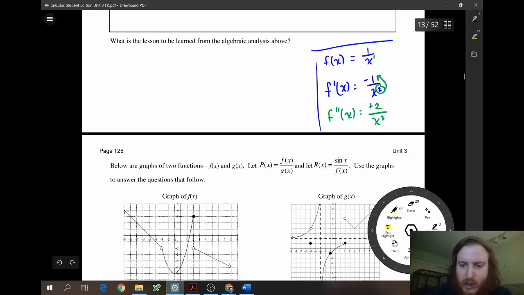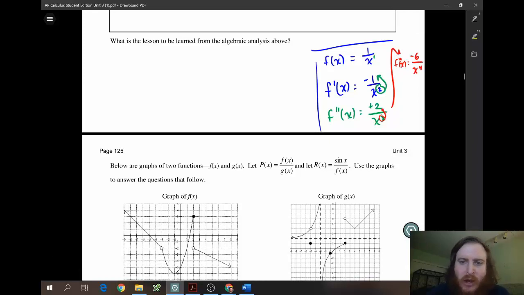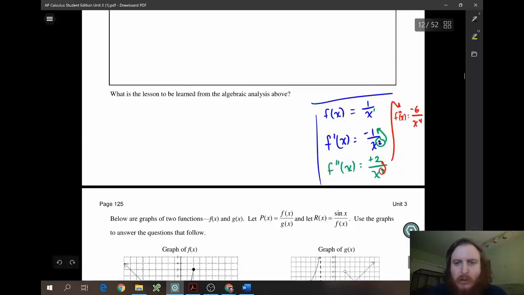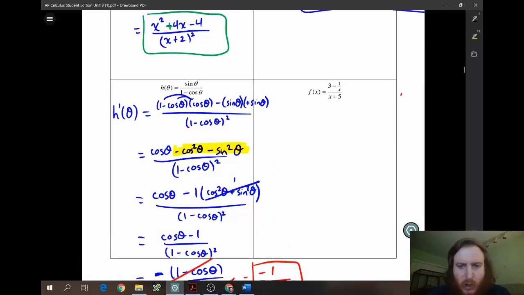If I wanted to take that even a step further, what would be the derivative of this guy? Well, the third derivative, we'll call it, will be: we multiply up, switch the sign, so -6 over x to the 4th. We're adding 1 in the denominator. So I call that the reverse power rule. That's something you can memorize, or just memorize that 1 over x is negative 1 over x squared.